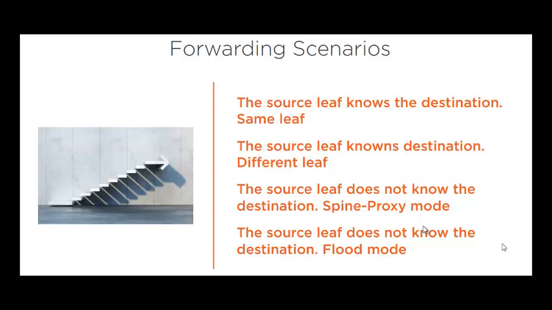Third scenario is source leaf does not know the destination. This is your scenario. That is what the third and fourth scenarios are. Fourth also is the same. Source leaf does not know the destination.